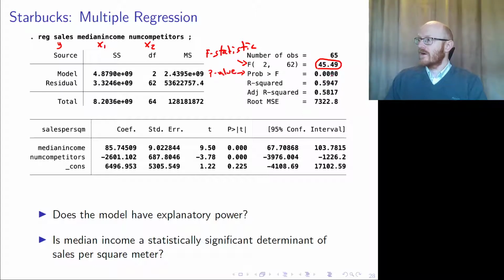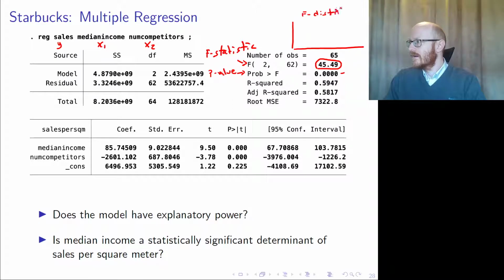Okay, so the p-value tells us, if we want to look at the graphics of it, the F distribution looks kind of like this.